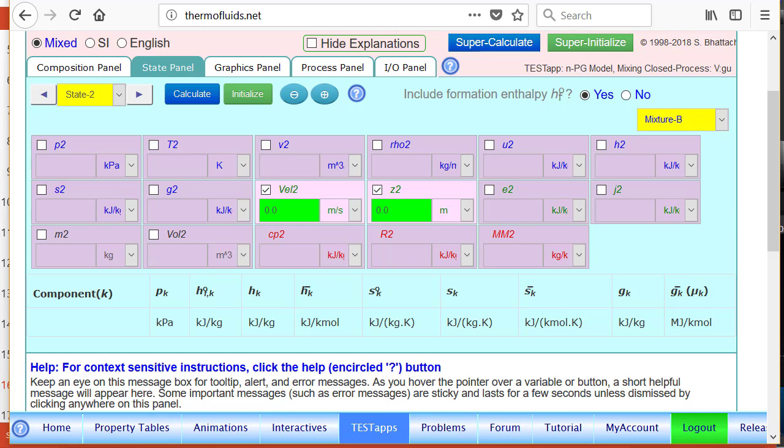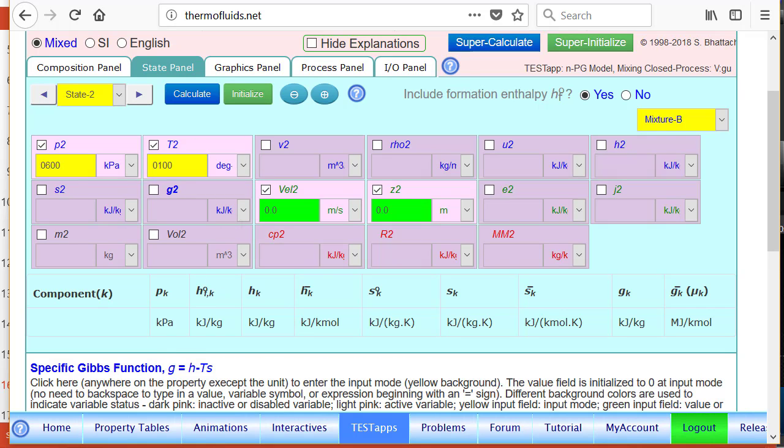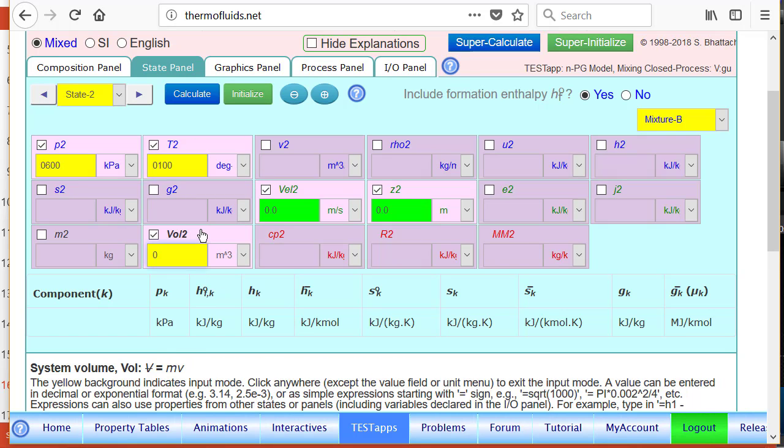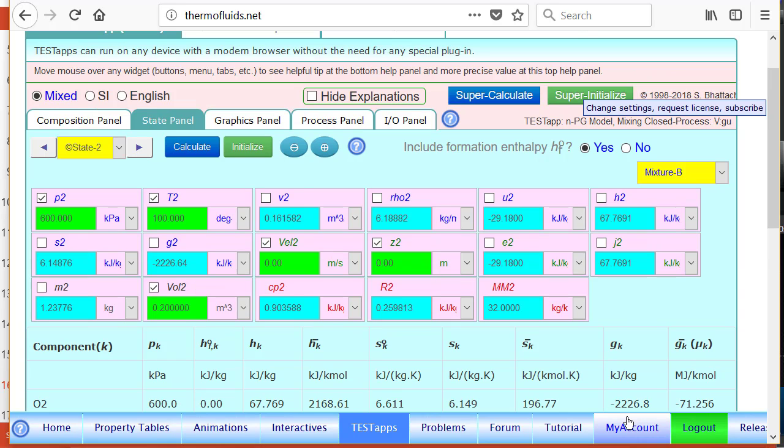For state 2, we have pure oxygen, which we are calling mixture B. Given data are 600 kPa, this is my tank 2, or tank B, 100 degrees Celsius, and volume is 0.2 cubic meters, and that calculates the complete state. So mixture B is known.